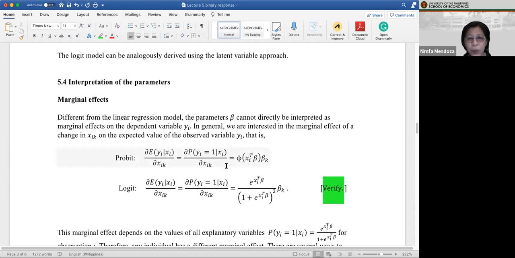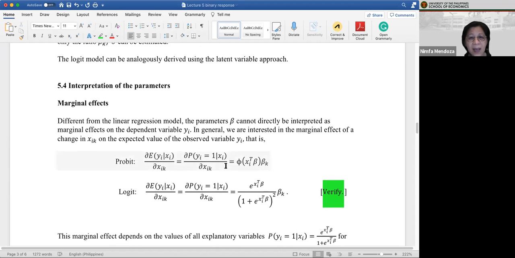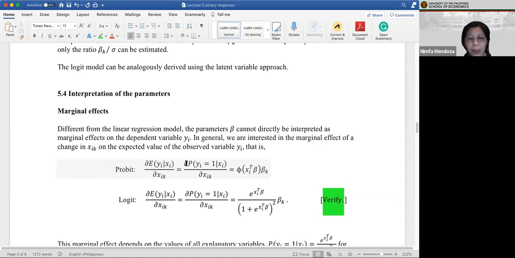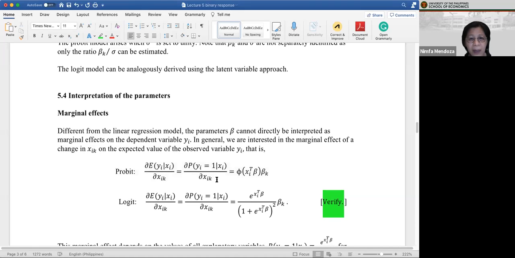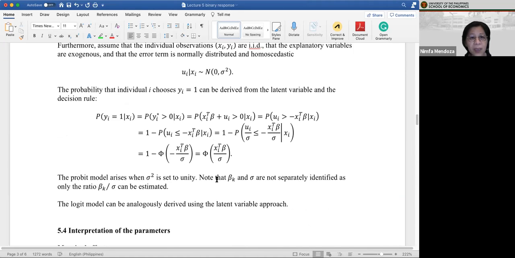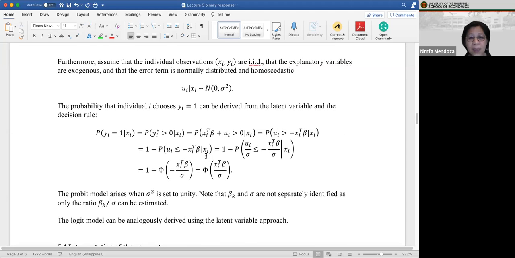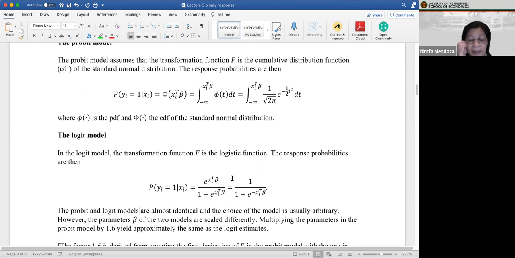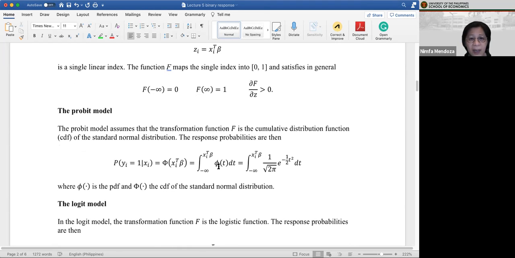So what we do then, using the probit model, is get the partial derivative of that probability with respect to x sub ik. But for the probit model, what is this probability? The probability that y is equal to 1 given x sub i is this, or, setting sigma equal to 1, it is this.